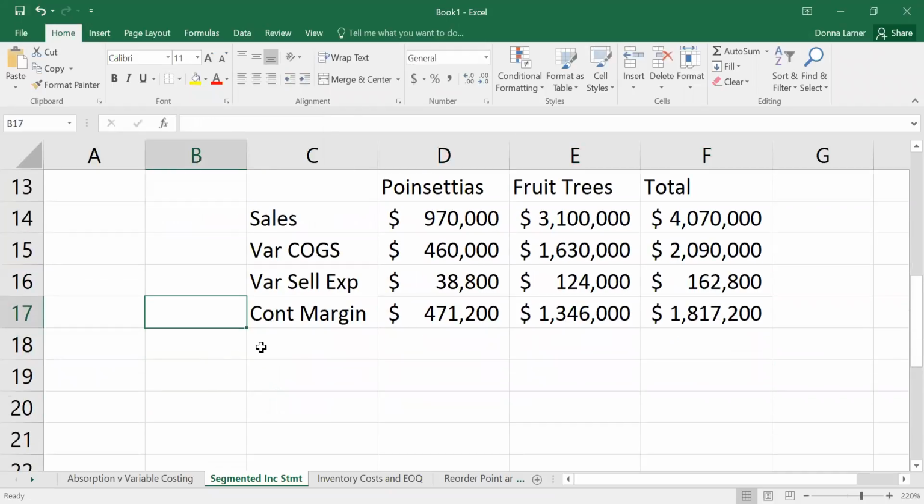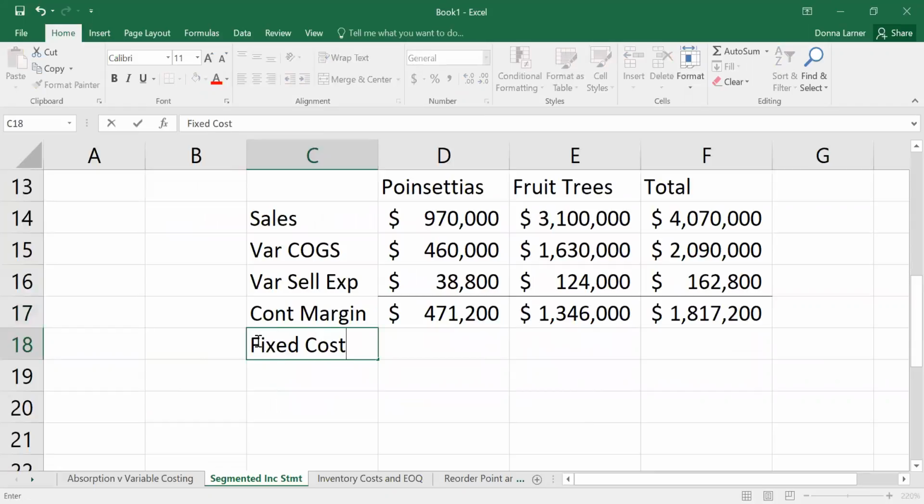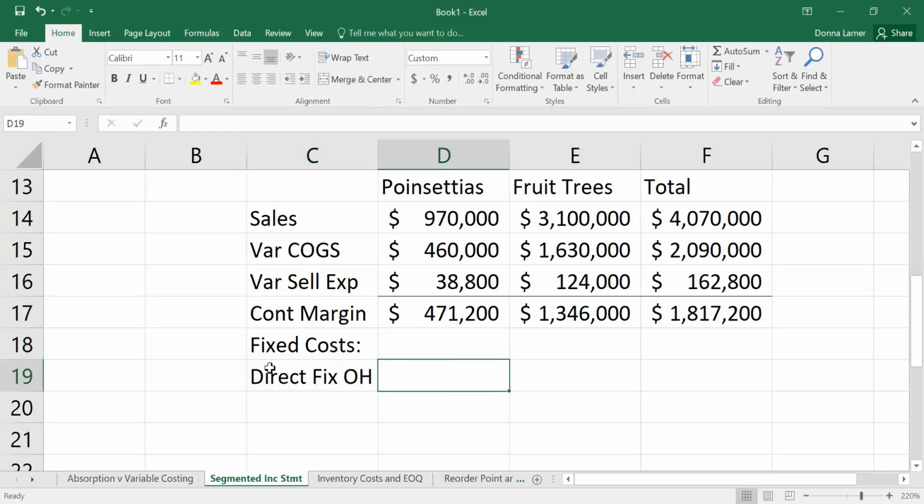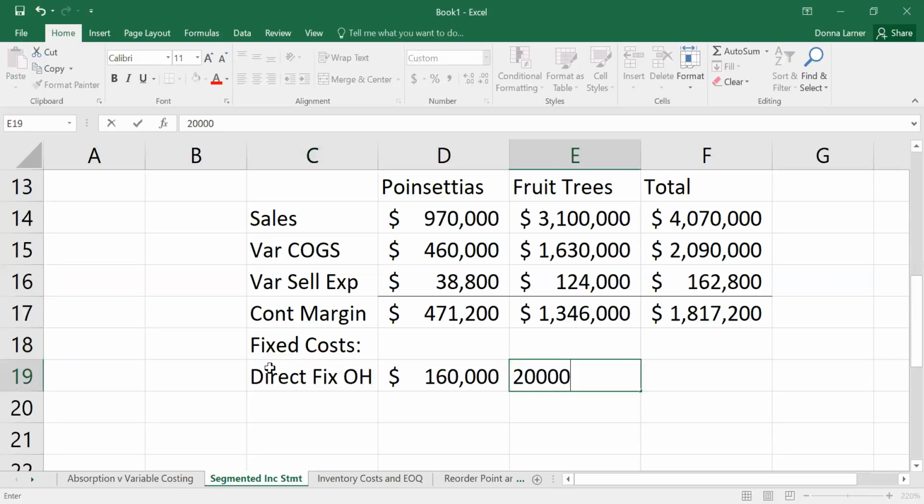And then after contribution margin, just like when we're doing break even, we want to take away the fixed costs. We're going to do very specific fixed costs. We want to look only at the direct fixed overhead, and those are given in the problem. These are the ones that can be directly traced to this particular segment of the business.